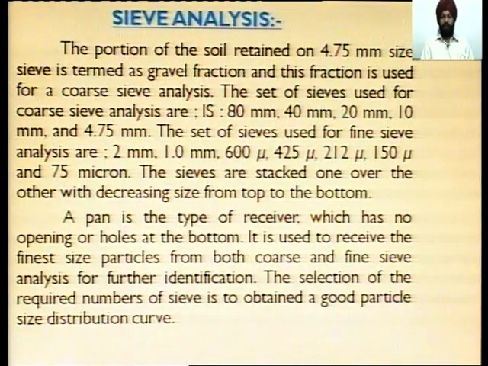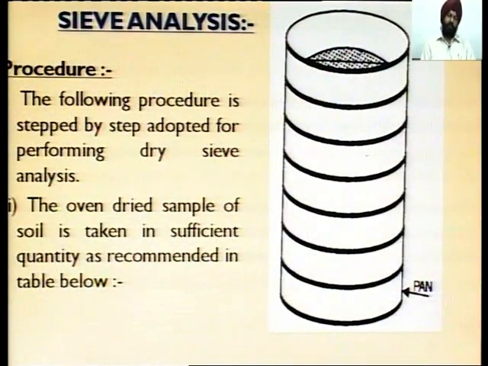The selection of the required number of sieves is to obtain a good particle size distribution curve. So, this is the way to do the sieve analysis. We have to set up the sieves with the larger size at the top, in decreasing order to the bottom side. Last is provided the pan, which receives the finest particles of the sample.